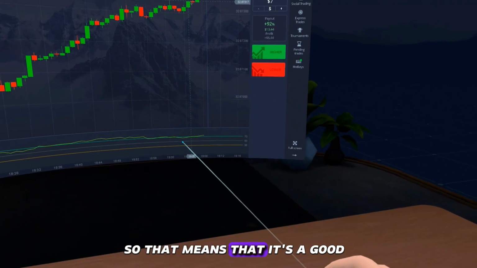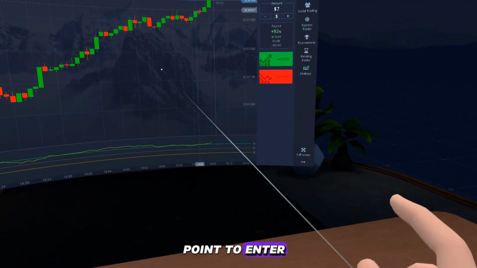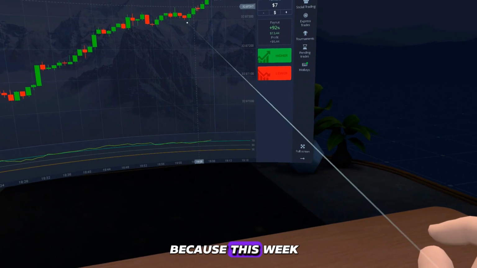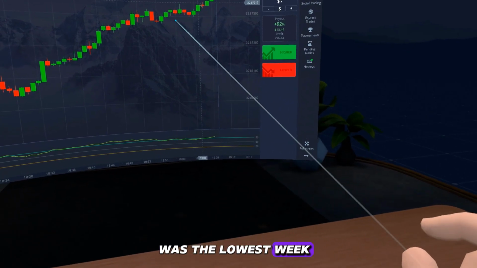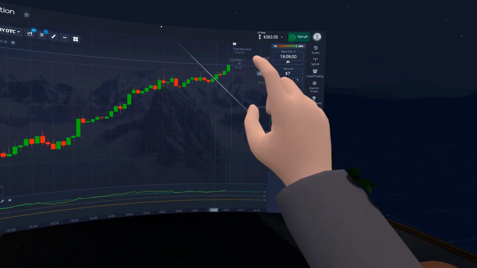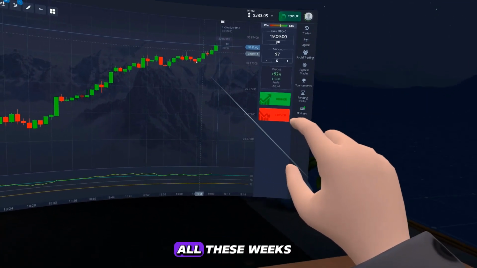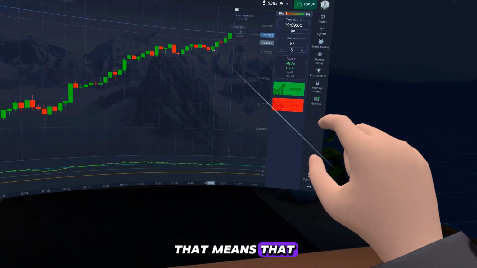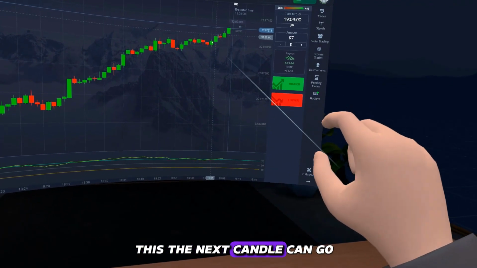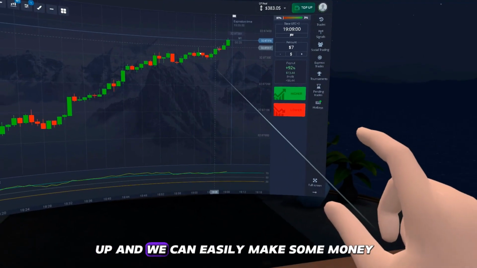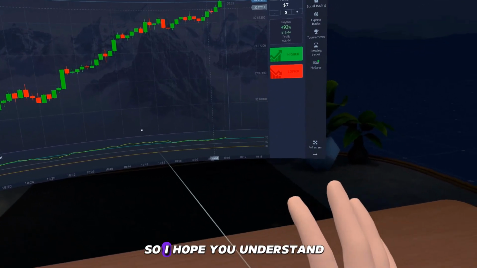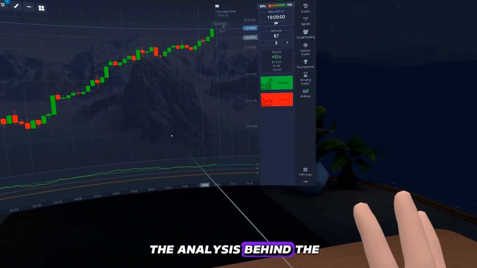So that means that it's a good point to enter, because this wick was the lowest wick of all these wicks. That means that the next candle can go up and we can easily make some money. So I hope you understand the analysis behind this trade.